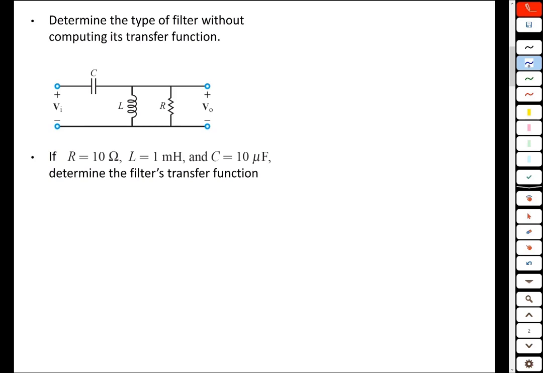So to do it without actually computing anything, what you need to do is think about the two extremes, at low frequencies and at high frequencies. At low frequencies, what do we know? As you get close to zero, capacitors start looking like open circuits, and inductors start looking like short circuits.